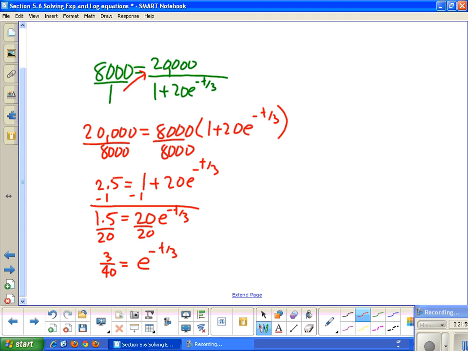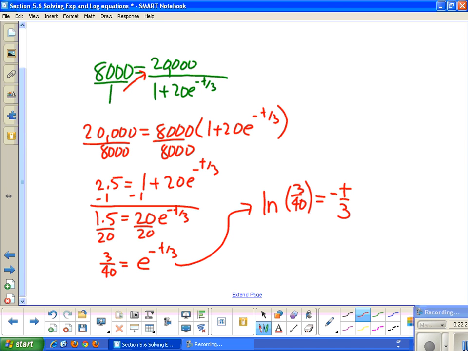Now that we have just the exponential part by itself, to solve for the exponent, you do the inverse, and you can now use natural logarithms in order to solve. So you can take the natural log of both sides, or you can just write this in natural log form. So natural log base e of your answer, 3 over 40, gives you your exponent, which is negative t over 3.